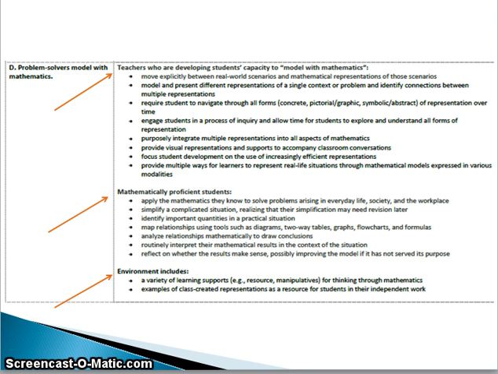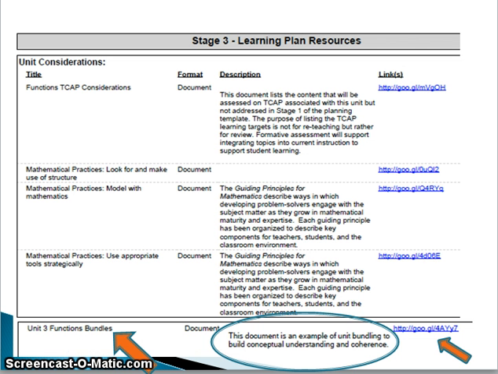Here's an example of the math practice Problem Solvers Model with Mathematics. This document identifies what teachers and students will be doing to develop the identified practice, along with the characteristics of the math classroom environment which supports the development of this practice.